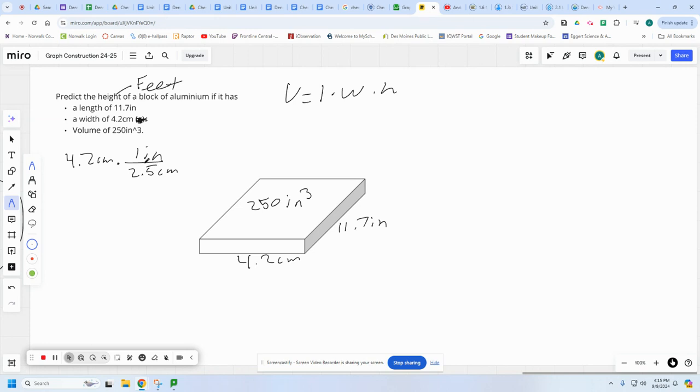That's not necessarily common knowledge, so that may have to be given to you, or you might have to look it up. I put the centimeters in the denominator so that the centimeters cancel. And now I'm no longer in the centimeter family, but now I'm in the inch family once I do the math.